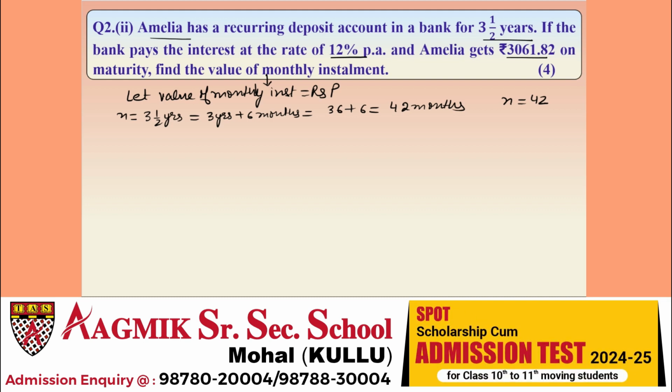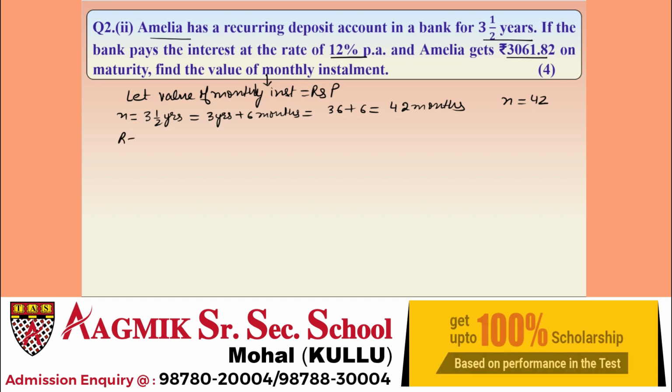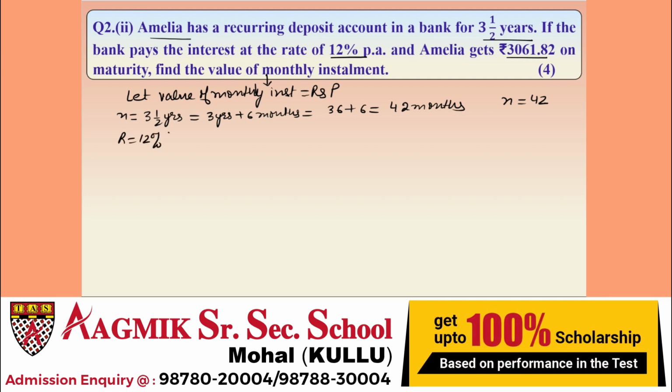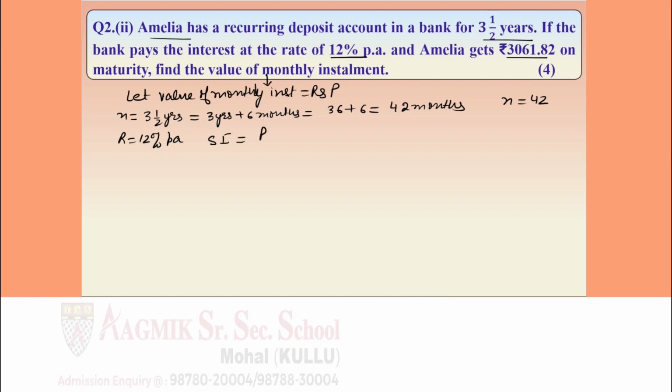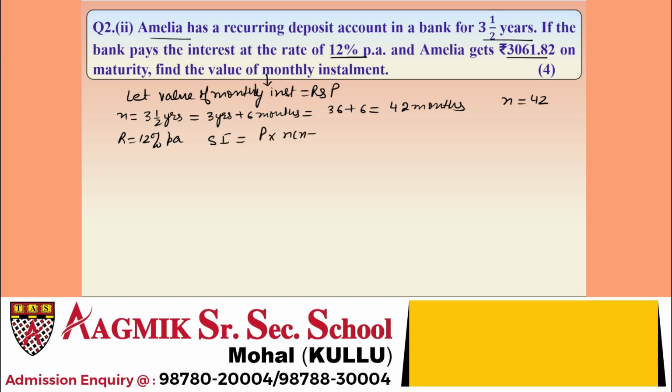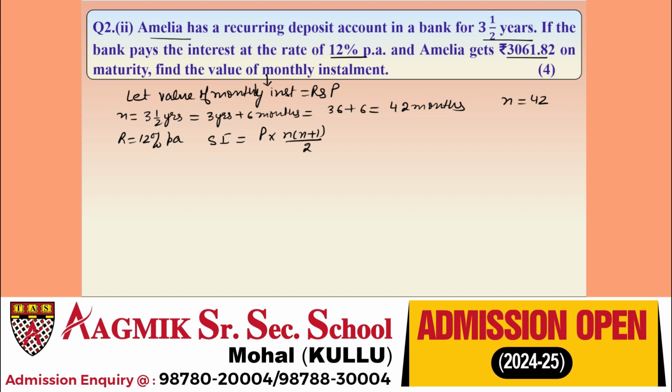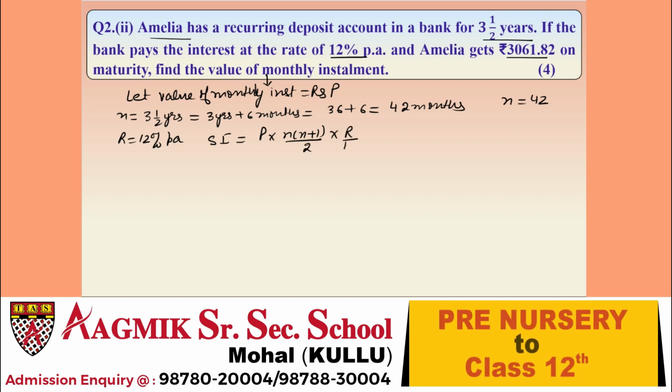Now let us calculate first of all the interest. We are given rate of interest as 12% per annum. So therefore simple interest will be equal to P times n into n plus 1 by 2 multiplied by R over 100 times 1 over 12.